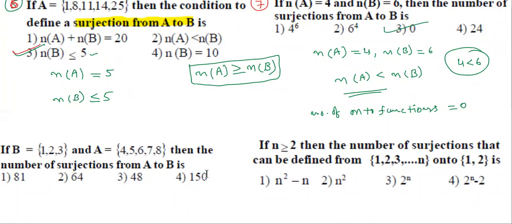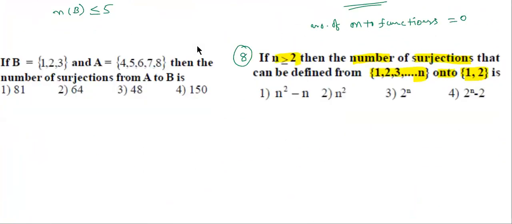Okay. Right. I am going to discuss another problem. See this eighth one. If n is greater than or equal to 2, find the number of surjections that can be defined from {1, ..., n} onto {1, 2}. By observing the question, how many elements are there in set A? There are n elements. But n(B), how many elements are there? Exactly 2 elements.